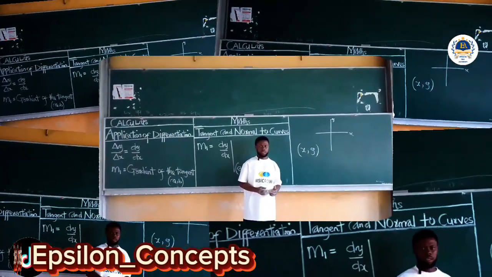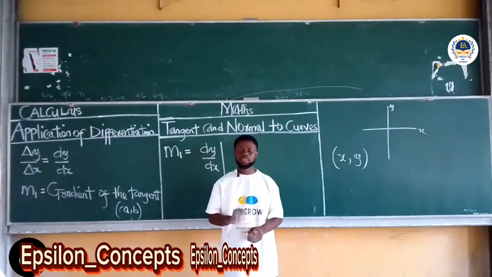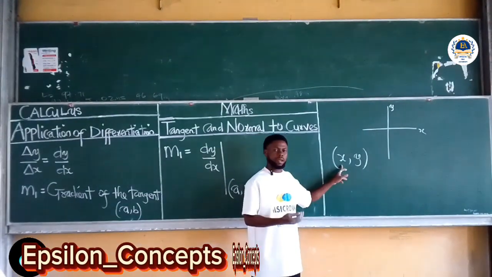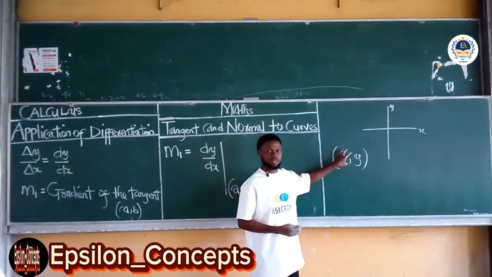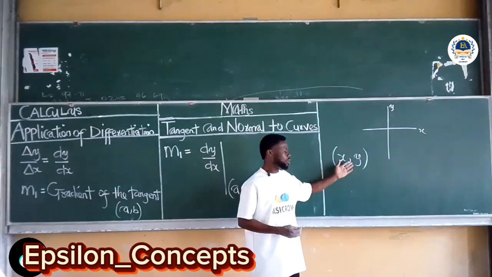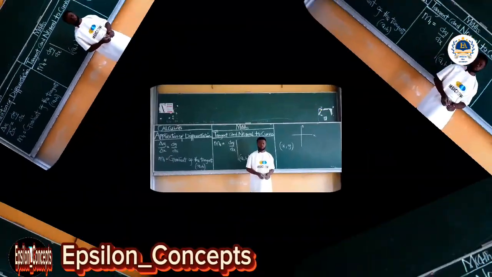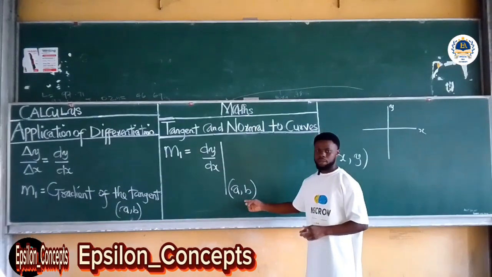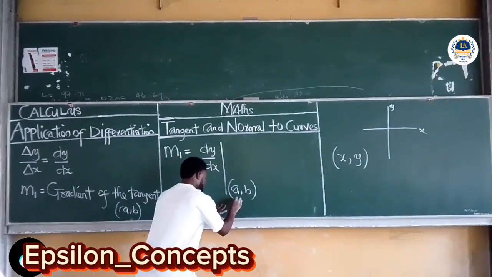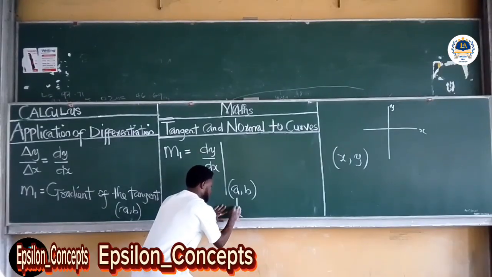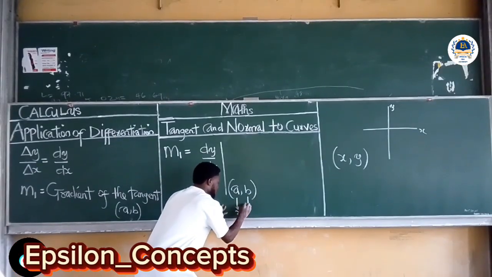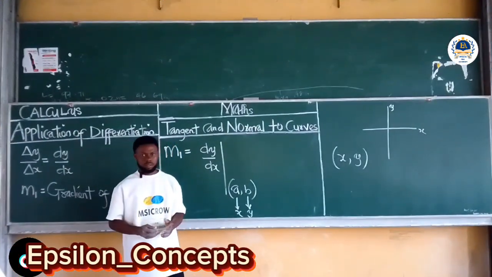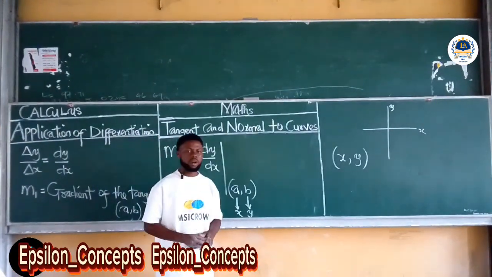That is to say, the first numerical value in the bracket represents x, whereas the second is always y. So in this case, at the point A, B, A is for x and B is for y. Take note of this concept so that during calculation you will not suffer.